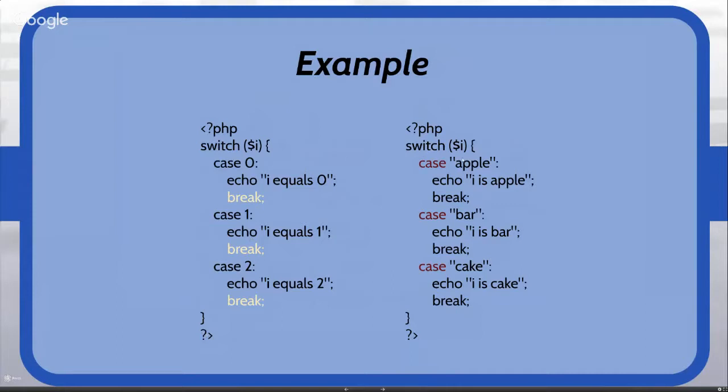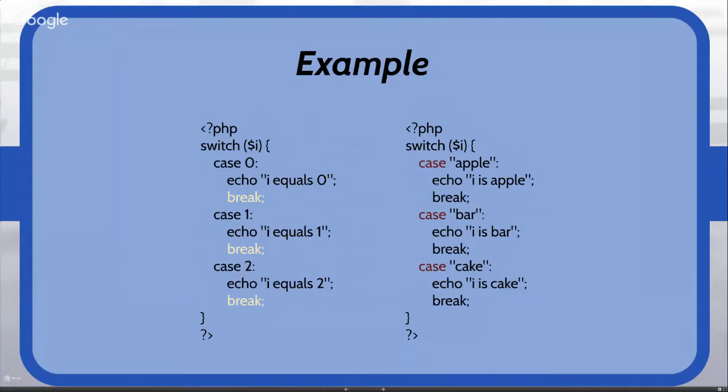Now going over to this next one, this is a string option of doing a switch statement. Now switch I, if it does match against case Apple, it will go ahead and execute this code in here.